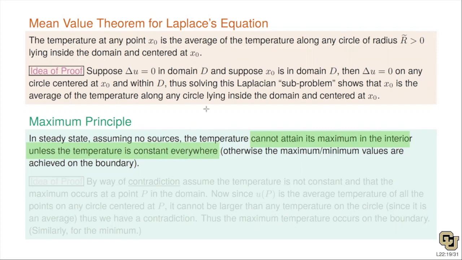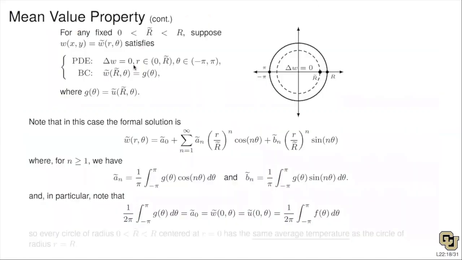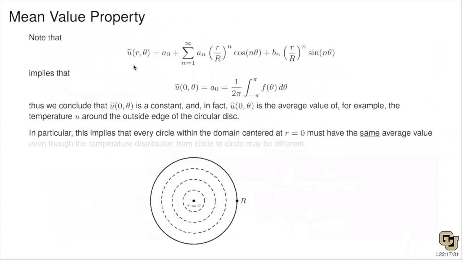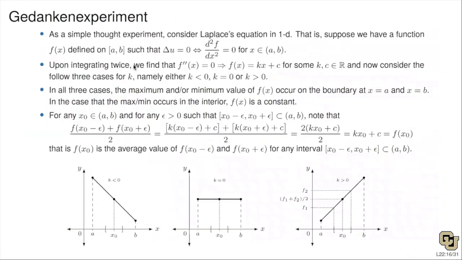If the temperature is not constant, then since the max or min cannot occur in the interior, it has to occur on the boundary. And once again, I refer you to our thought experiment where we have both things happening. You see your max and mins occurring on the boundary.